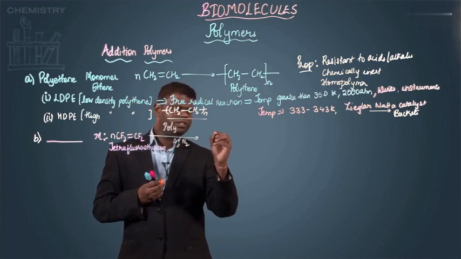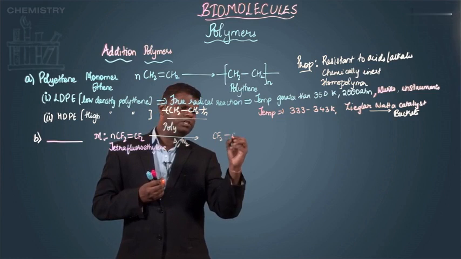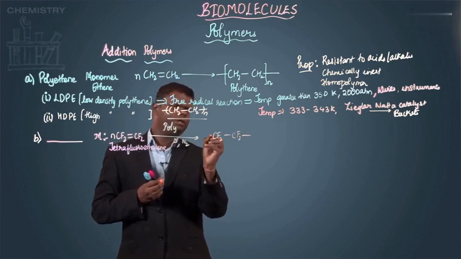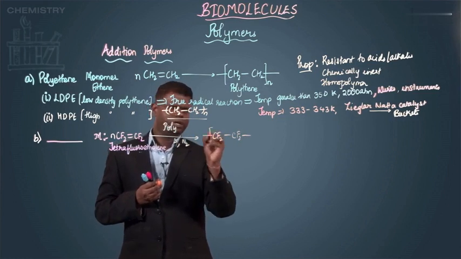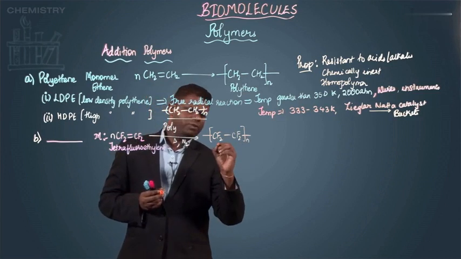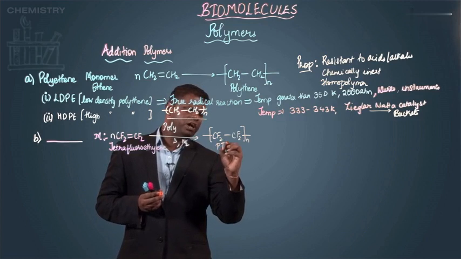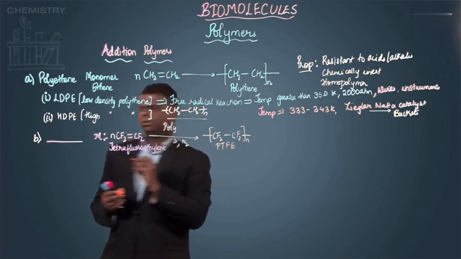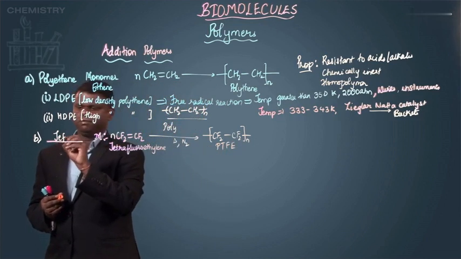As I've already discussed, first write down CF2 CF2, which is the repeating unit, put one bond here, and then you have n. This is nothing but the polymer. The name of the polymer is polytetrafluoroethylene, and you call it Teflon.